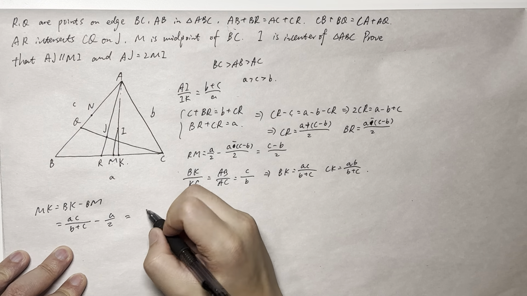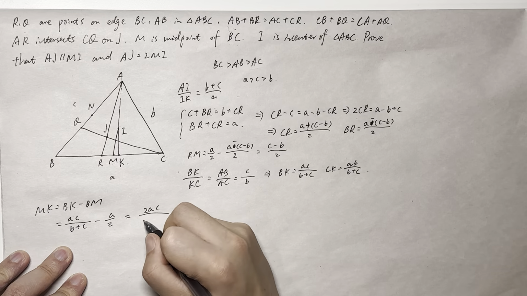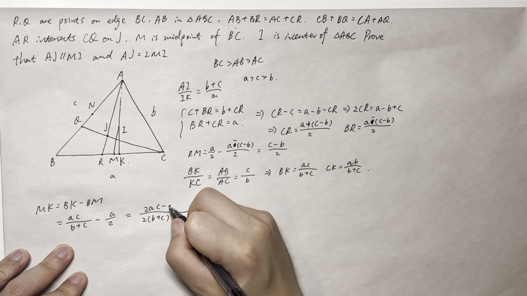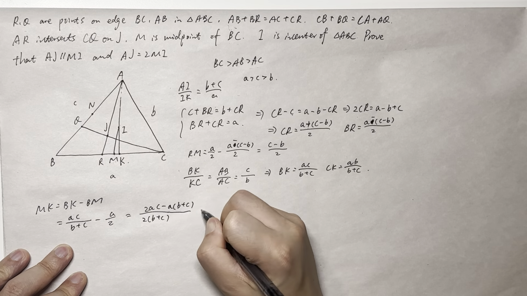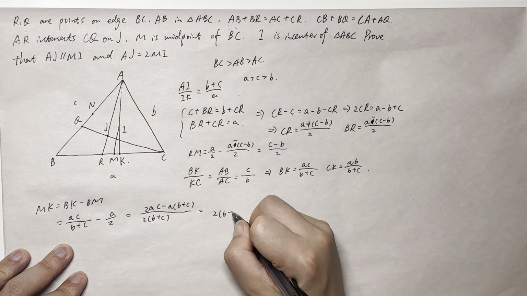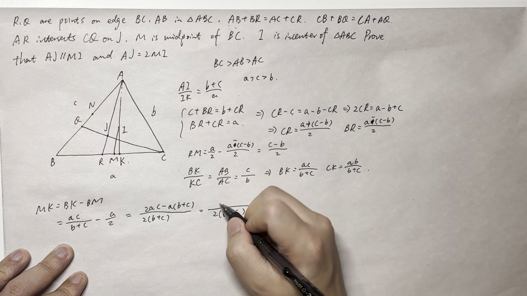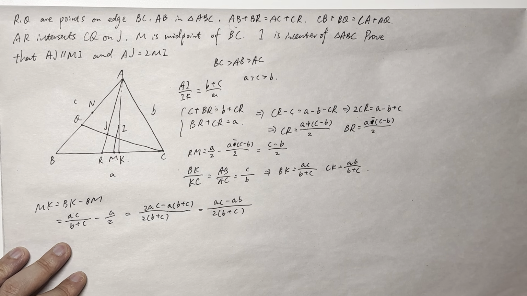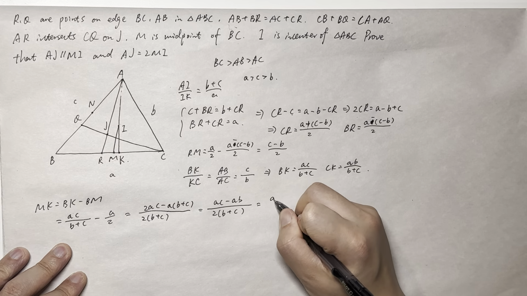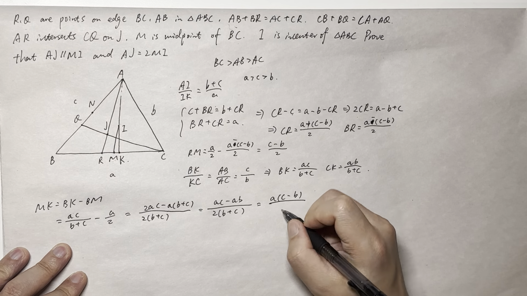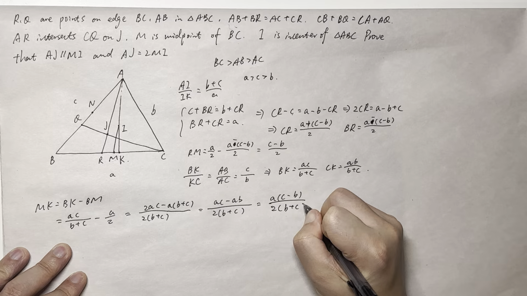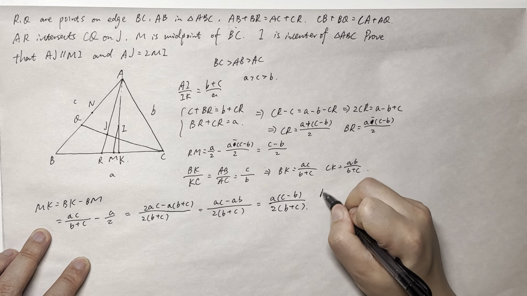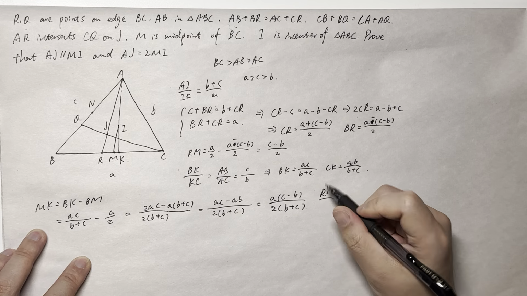That is 2AC divided by 2 of B plus C minus A times B plus C, so it equals AC minus AB divided by 2 of B plus C, right? So it equals A times C minus B, 2 of B plus C. That is BK.